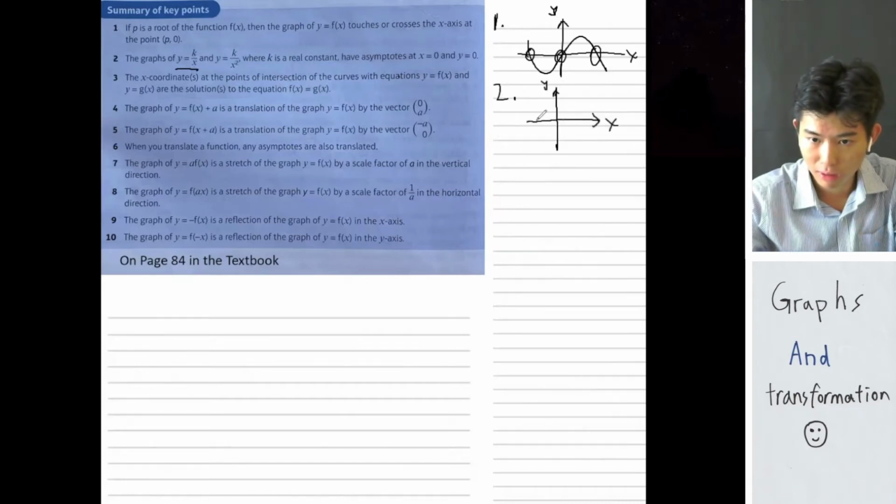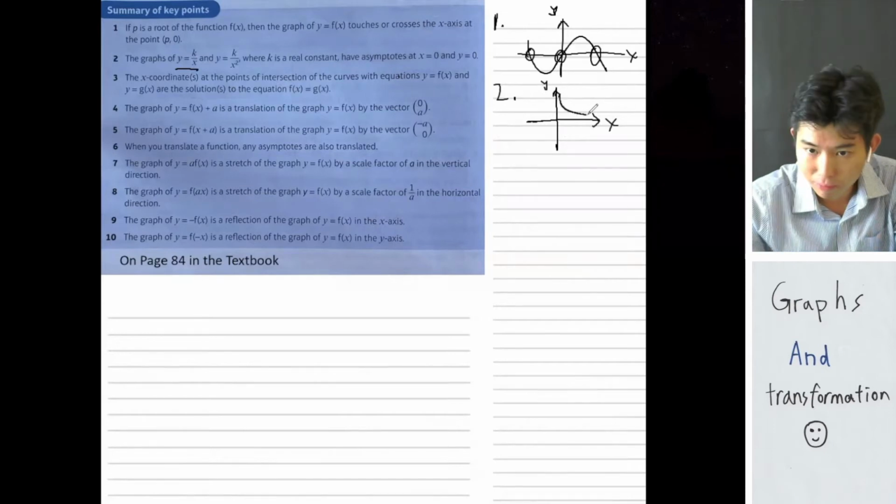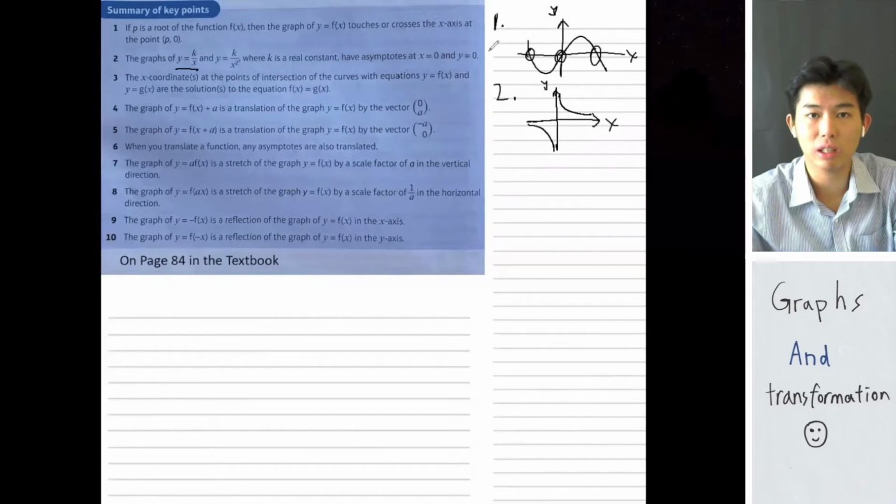So an asymptote is a line that the curve will never touch. The asymptotes in this case are y equals 0 and x equals 0, because the curve does not touch the x-axis or the y-axis.